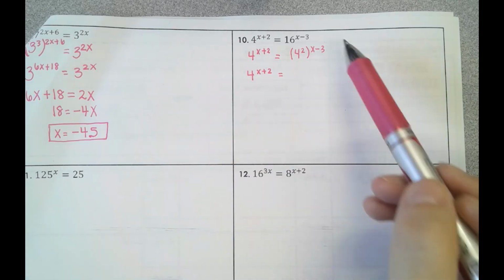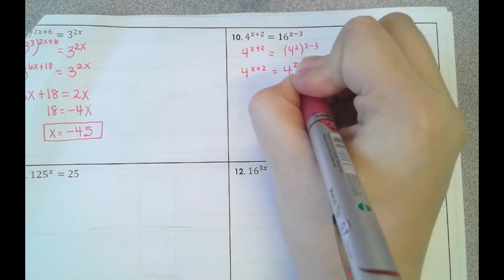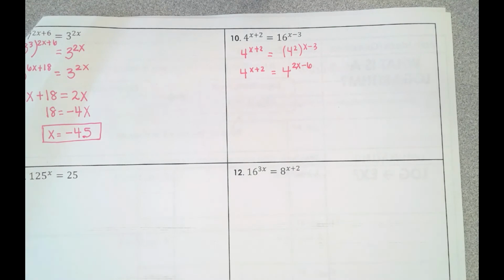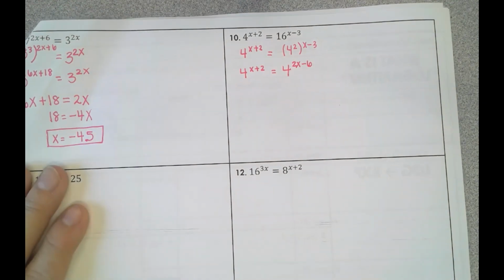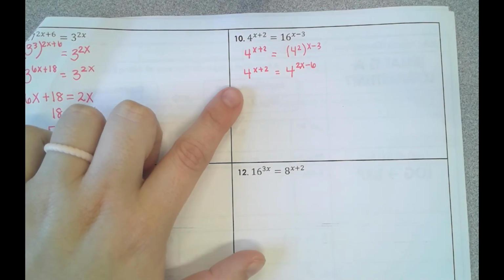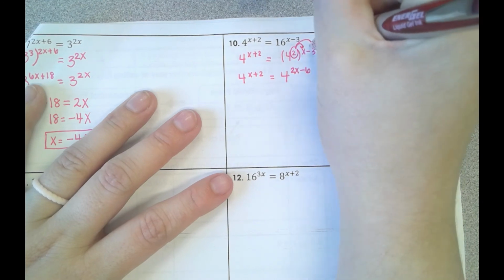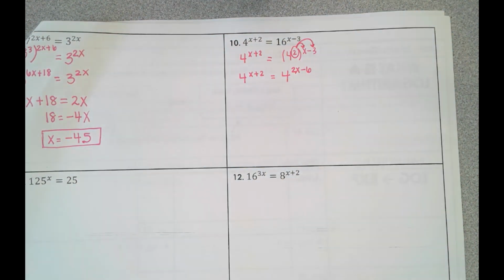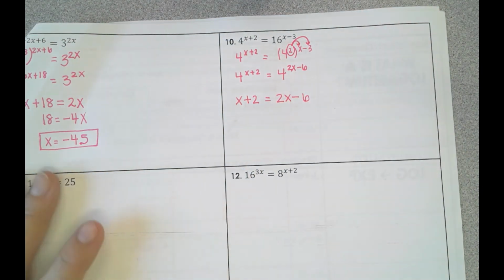All right. Now over here, we have 4 to the 2x minus 6. So you multiply what's in the parentheses all the way out. The 2. We just basically distribute it. So this would be x plus 2 equals 2x minus 6.